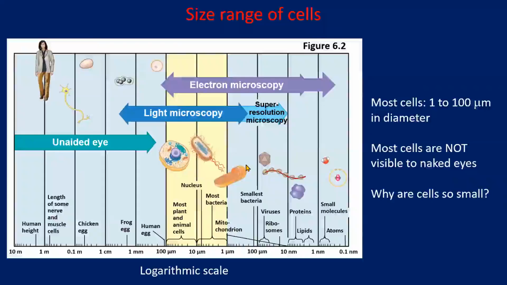So moving to the next concept: when you want to study the cell, you want to have different techniques. When you think about finding out what exactly cells look like, you have to go for microscopy techniques. There are different microscopy techniques.